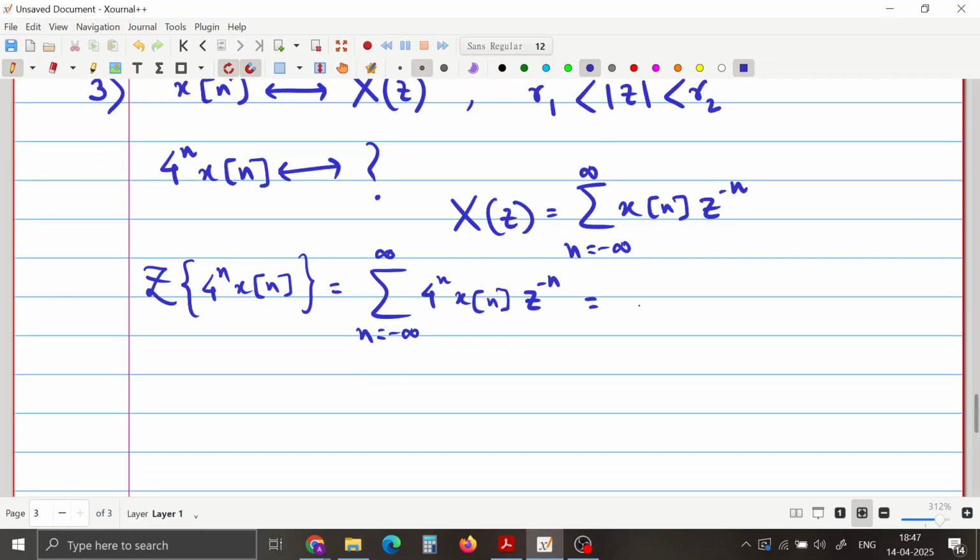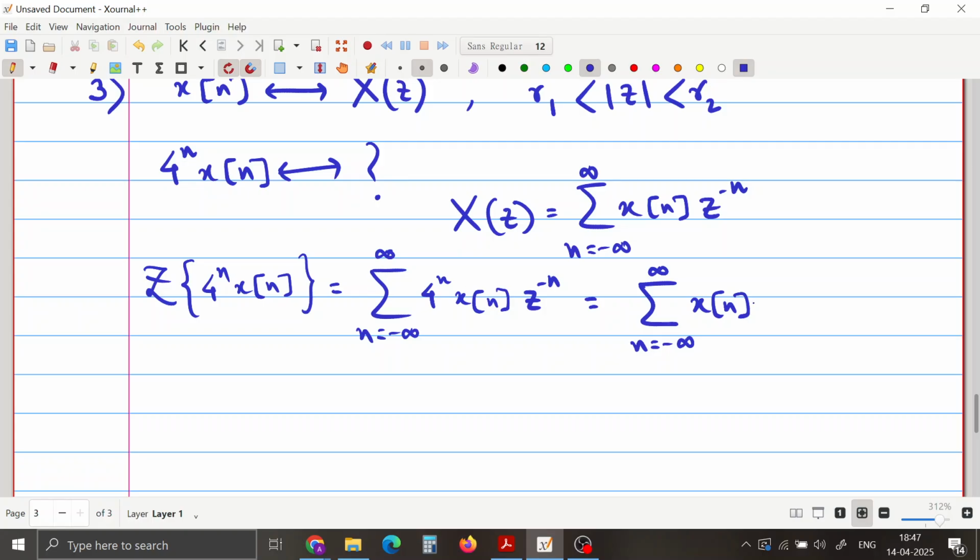So this is summation n running from minus infinity to plus infinity x of n. I can group these two terms here because they have this power n as common.